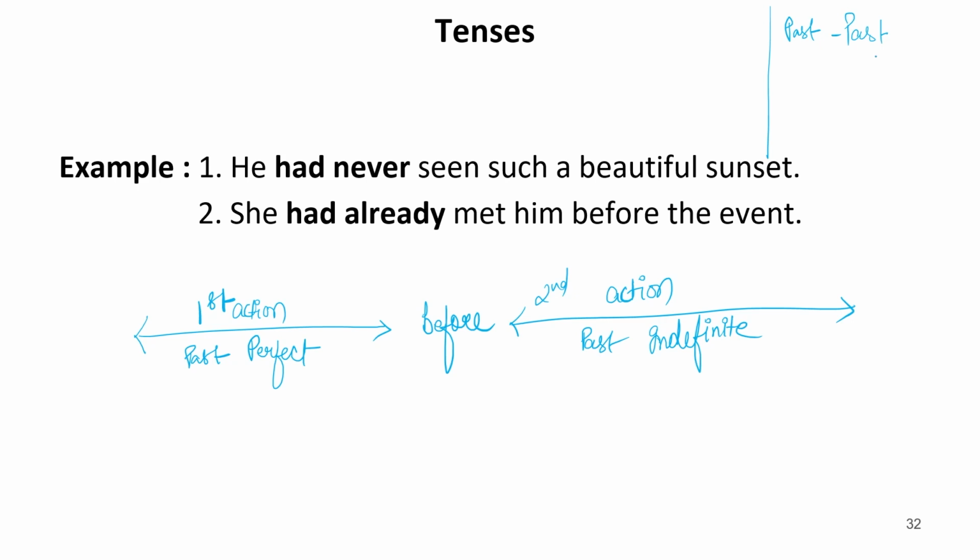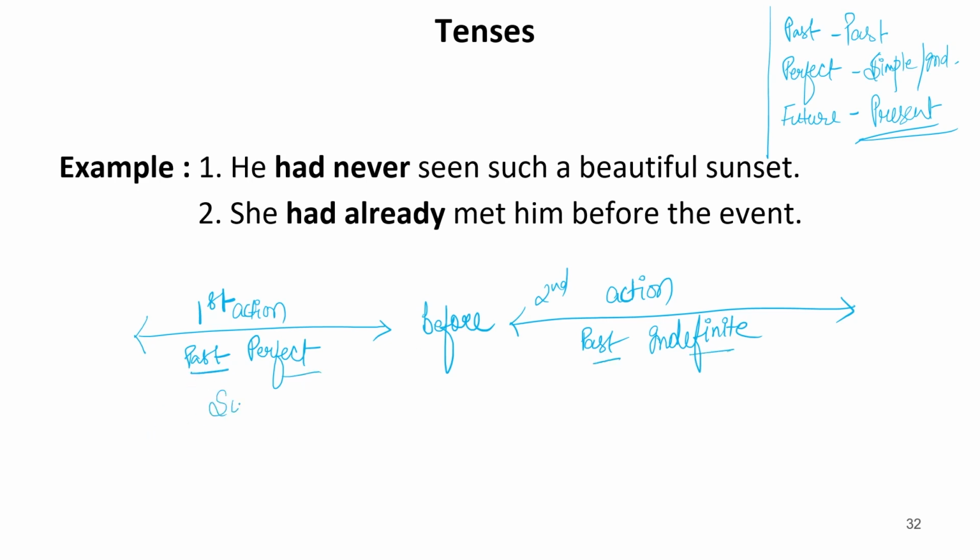It means past is generally combined with past sentences only. Another is perfect, which is basically combined with simple or indefinite. One more type of combination is future, which is combined with present tense. This structure we will discuss later on. Now, past is combined with past and perfect is combined with indefinite.